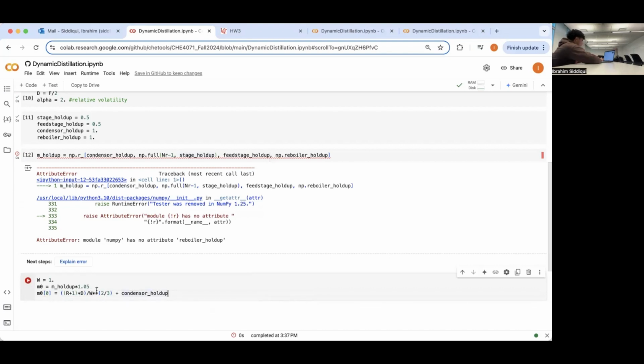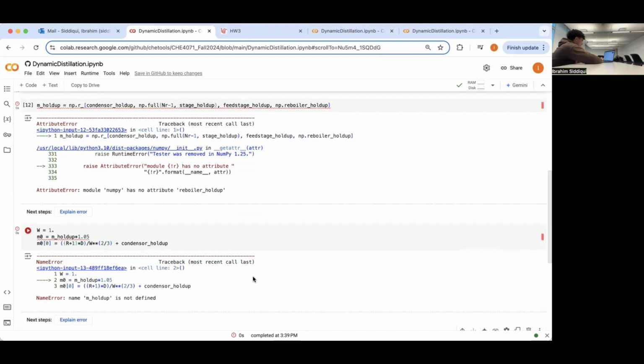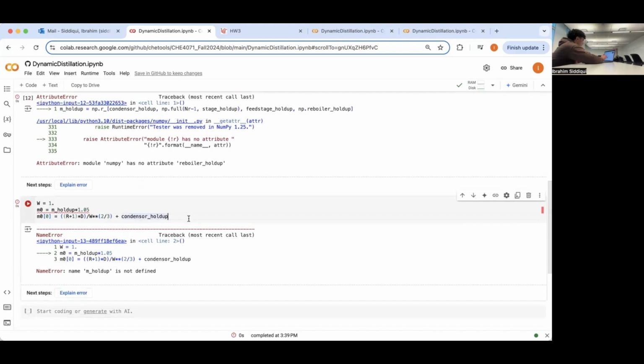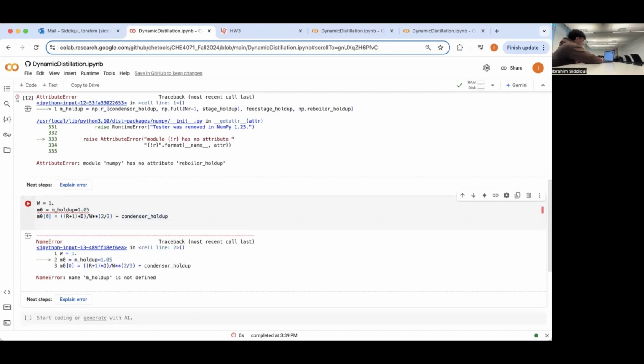We don't have this defined yet, but we know that. So let's go ahead and start this next code.